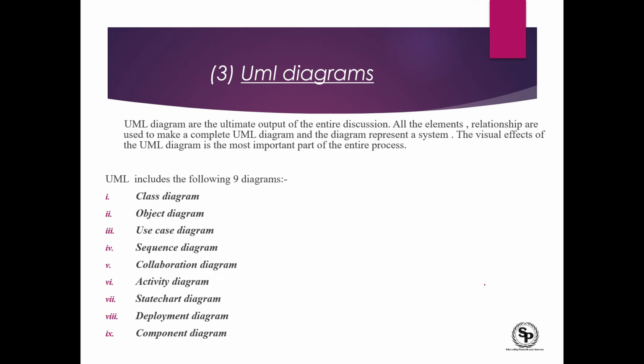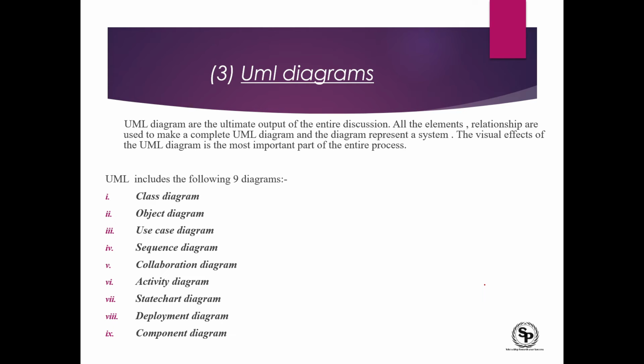The visual effect of the UML diagram is the most important part of the entire process, because before designing any system we have to make a blueprint of the software system: how it works, how the data flows from one component to another component. So UML is the language that is used to describe and make the blueprint of the software system.